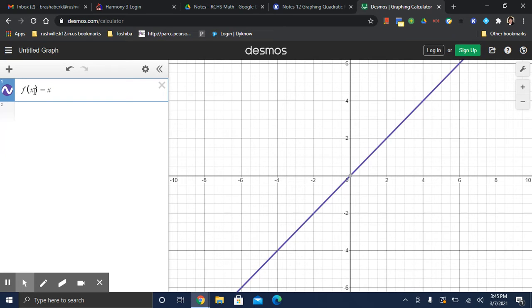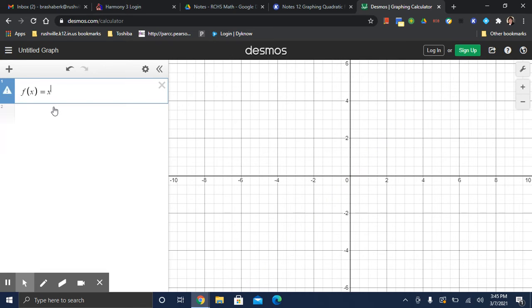Now, if I want the second power, shift and 6 will give me an exponent, I can put in the 2, and then I can just down arrow and continue typing. So plus 2x, subtract 3. So now I've got my equation, f of x equals x squared plus 2x minus 3.